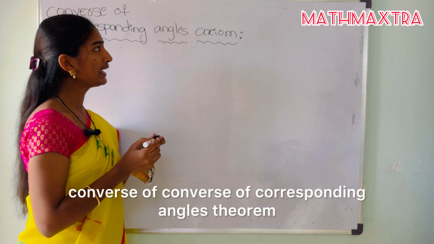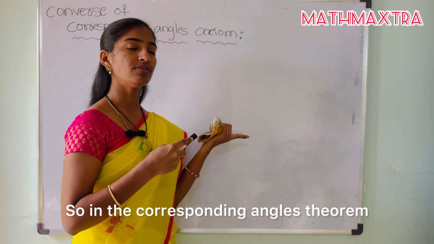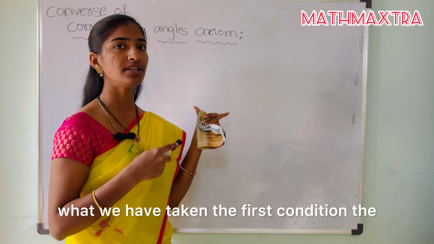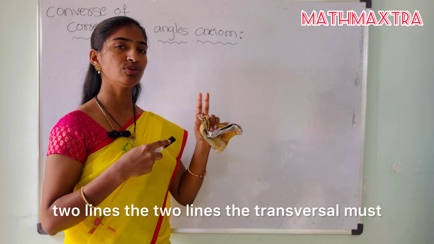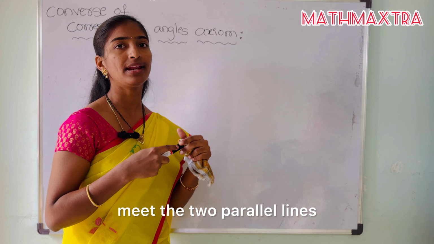In the corresponding angles theorem, the first condition we have taken is that the transversal must meet the two parallel lines.